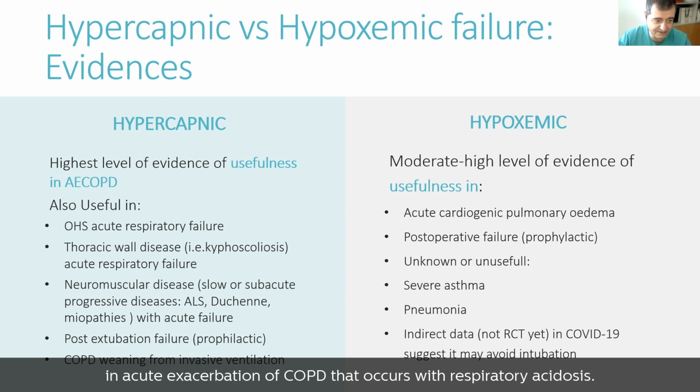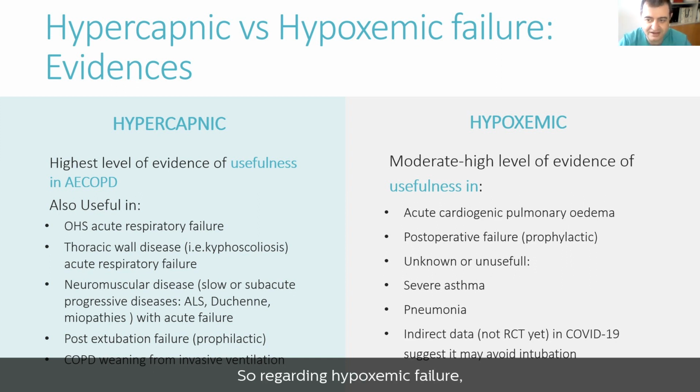respiratory acidosis, and also useful in obesity hypoventilation, thoracic wall disease, neuromuscular disease that may have acute failure, and post-extubation failure as a prophylactic measure, and also for weaning from invasive ventilation of COPD patients.